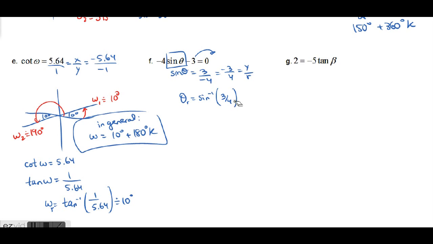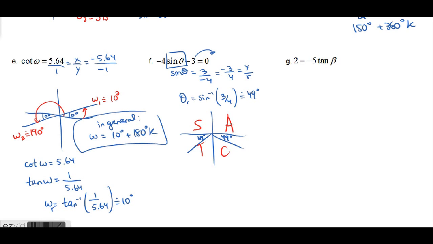So when you do this on the calculator, it spits out roughly 49 degrees. Then you think either with the CAST rule, or All Students Take Calculus, whatever you wish, or the fact that y is negative in the bottom two quadrants. So you're going to draw two terminal arms over here with a 49-degree angle between the terminal arm and the x-axis, always towards the x-axis.